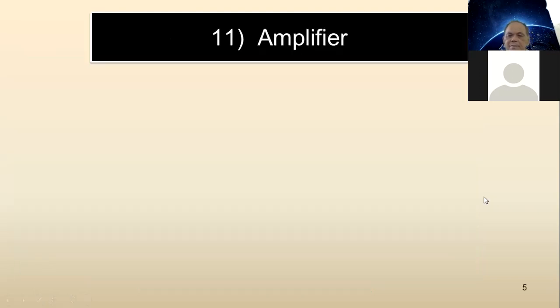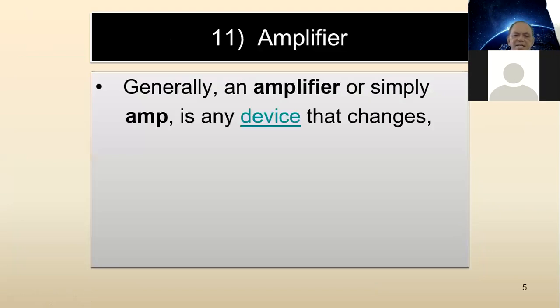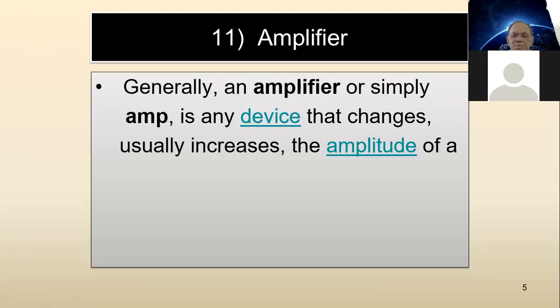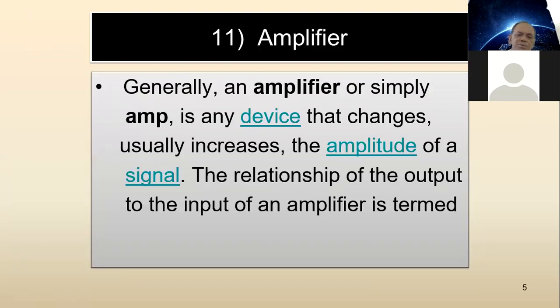Well, an amplifier is just any device that changes, usually increases, the amplitude of the signal. The relationship of the output to the input of the amplifier is termed the gain. So basically, we want to make the amplitude bigger, not the frequency.